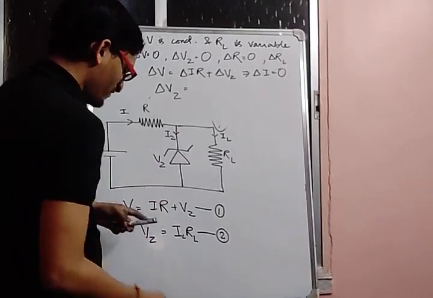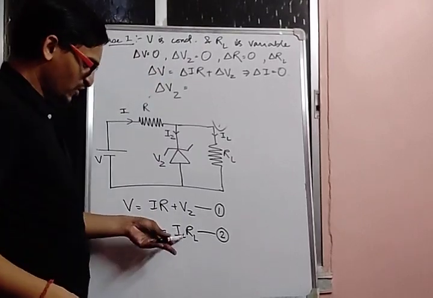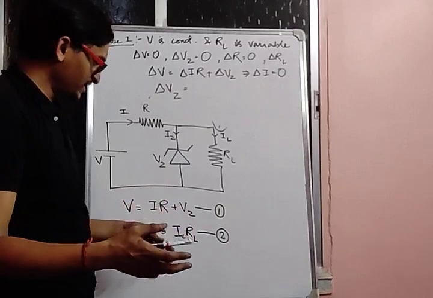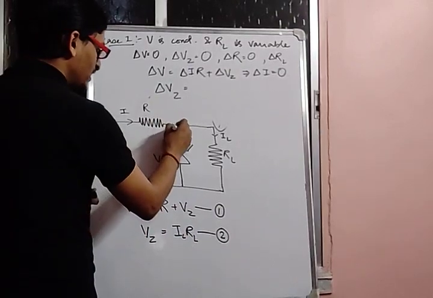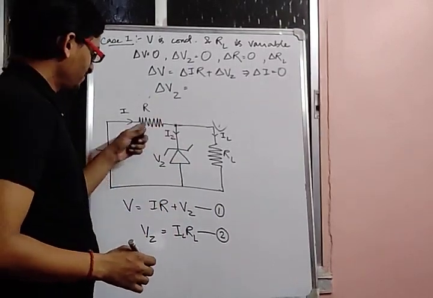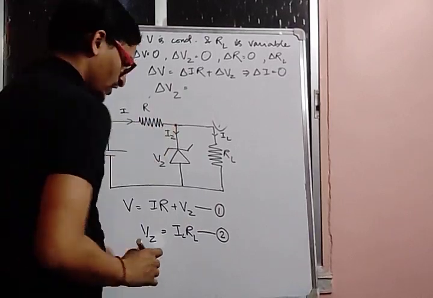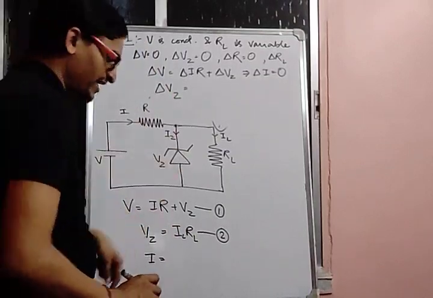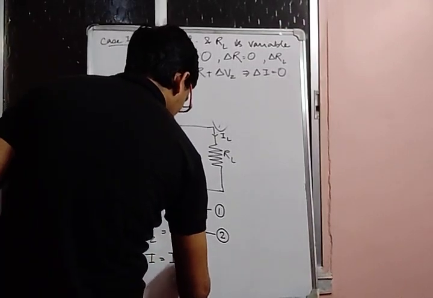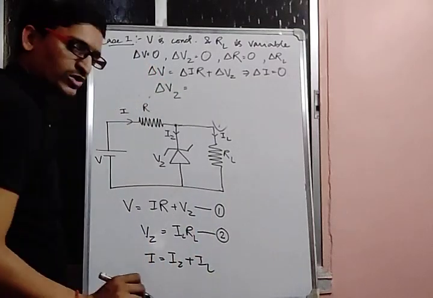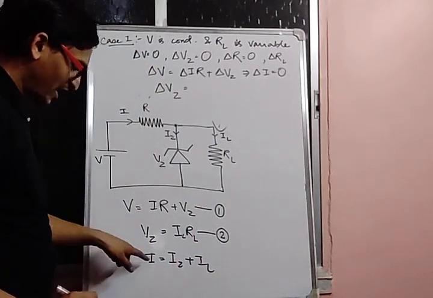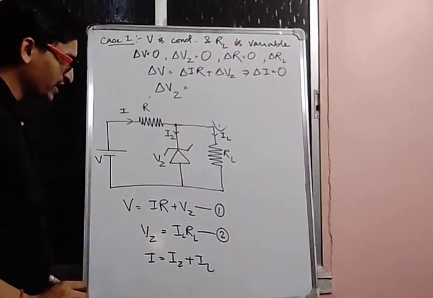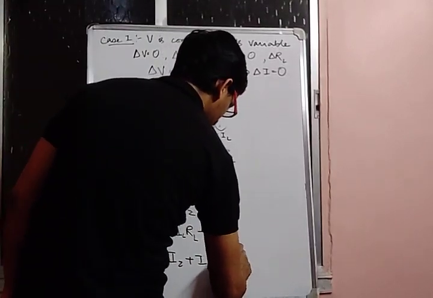We need one more equation because here IL and RL are both variable. The third equation we can easily get by applying KCL at this node. The total incoming current is I, but the total outgoing current is Iz plus IL. According to KCL, the algebraic sum of the incoming current equals the algebraic sum of the outgoing current. This is my equation number 3.